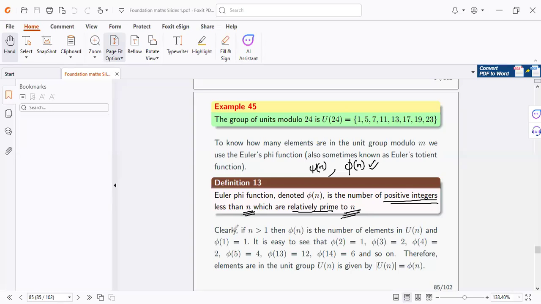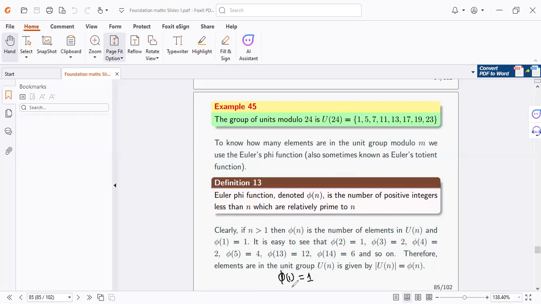So I've already shown you how to do it without necessarily having to list the elements and then count. But for smaller numbers, you can just list. You see, 1 is slightly unique, because we say that the Euler-Phi of 1 is 1.